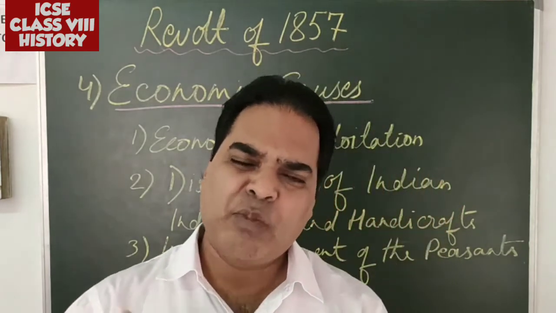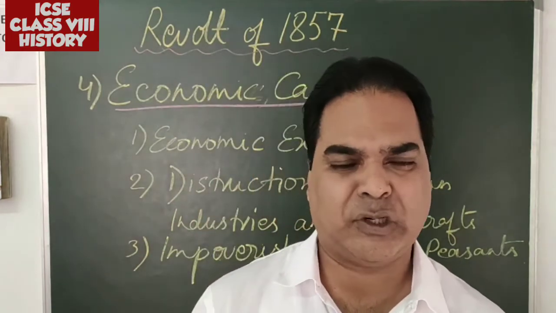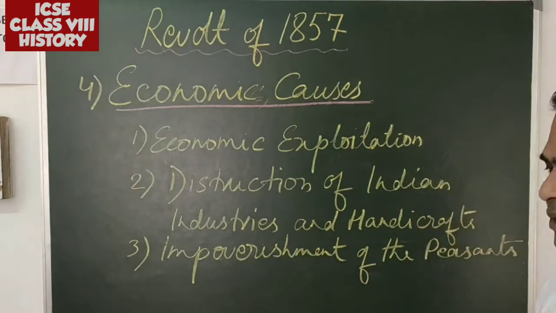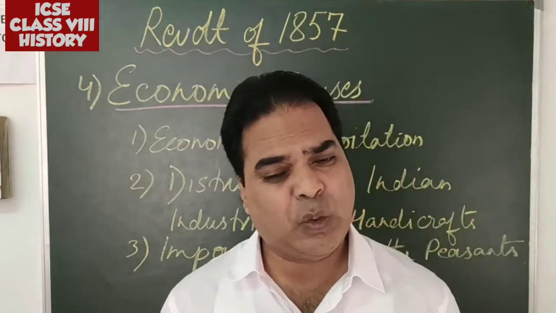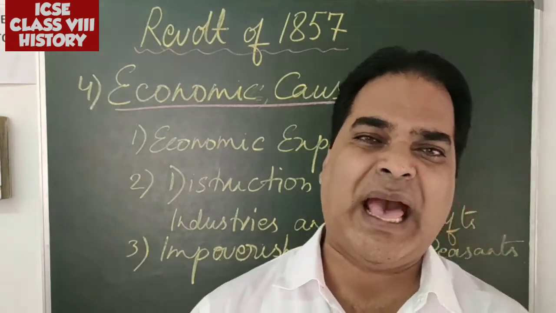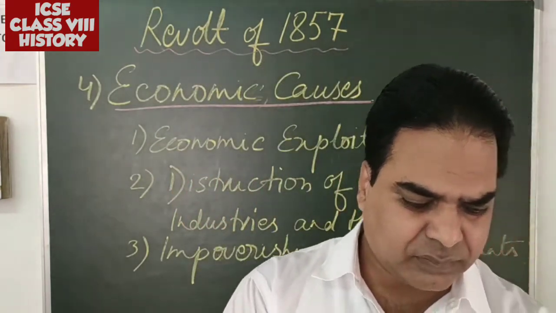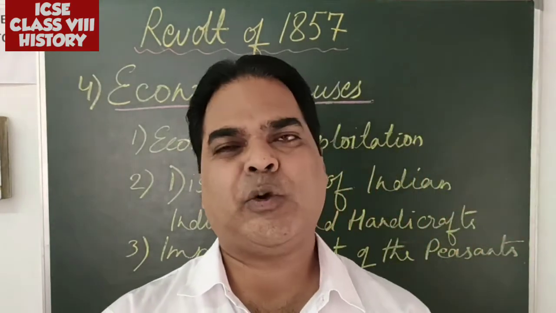So the peasants mostly in our country, from the very beginning, even today, are the worst sufferers. You can see here, impoverishment of the peasants due to the money lenders. Let me tell you, the impoverishment of peasants was very much inevitable due to the acts of the money lenders. They borrowed money from the money lenders. They could not pay the money back on time.